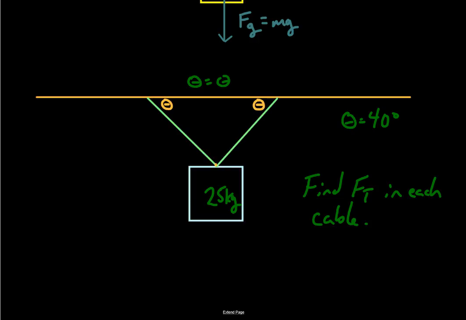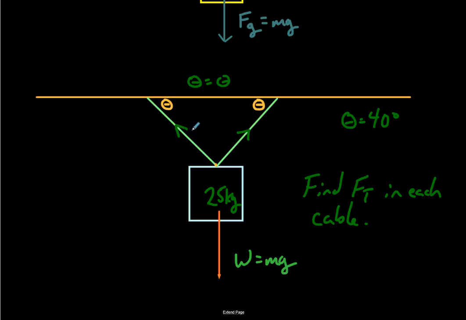So mathematically then, we're going to have to use some vector components here and analyze how these vectors are going to look. So we've got this. Weight is equal to mg. And if we look here, we can imagine that there are tension forces that look like this and like this.